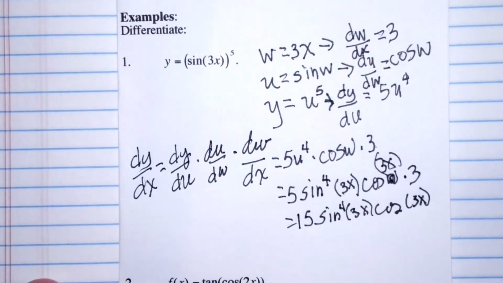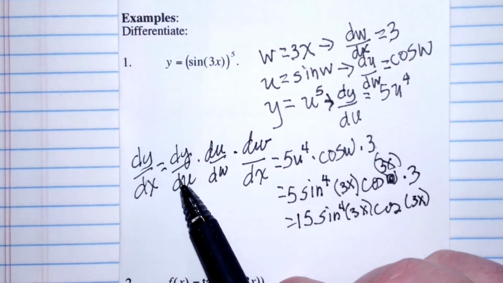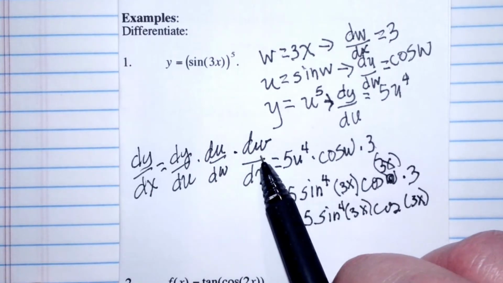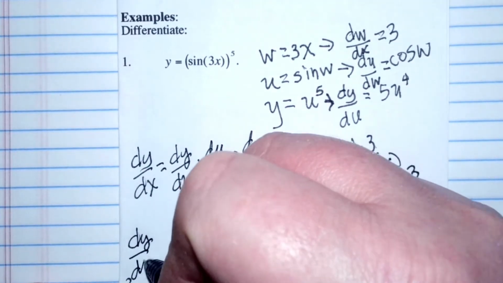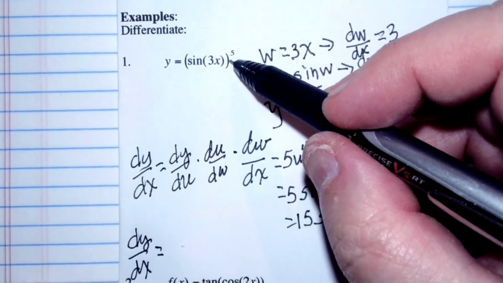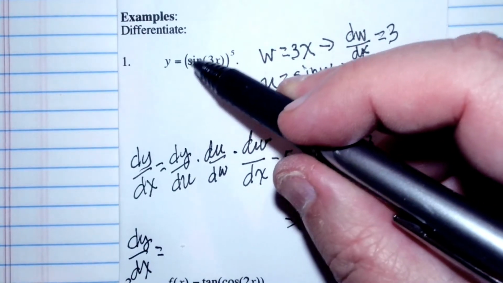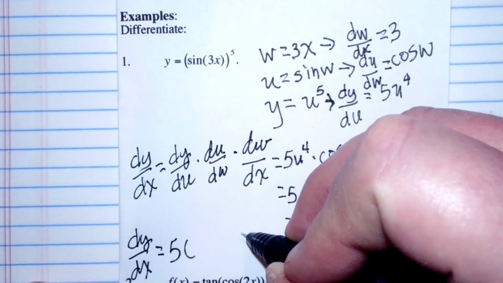But again, I don't necessarily want to write all that out. So what I'm going to do is take a look at what's going on. This is the derivative of the outside function, this is the derivative of the middle function, and this is the derivative of the innermost function. So I'm going to look up here at this and just differentiate the outside function. Well, the outside function is something to the 5th power, so that's 5 times something to the 4th power.